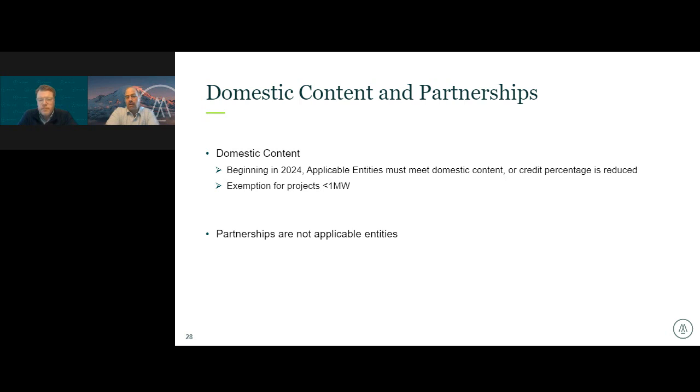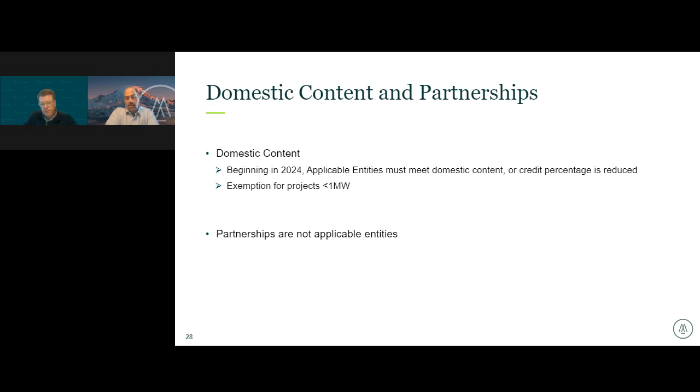It starts at 90%, and ultimately, I think by 2027, it goes down to 0% if you don't meet domestic content and you're an applicable entity. There is an exemption for projects that are under 1 megawatt in size. So it's not your smaller projects, but for those projects that are over 1 megawatt in size, and you fall into this definition of an applicable entity, then you do have to meet the domestic content requirements starting in 2024, or your credit percentage is reduced.